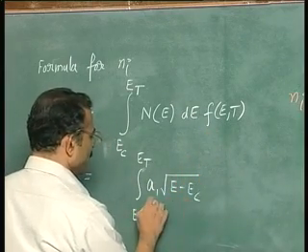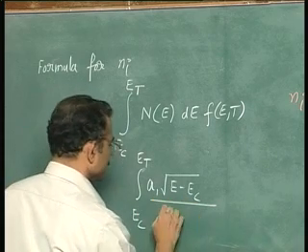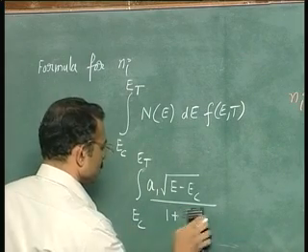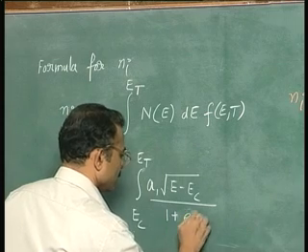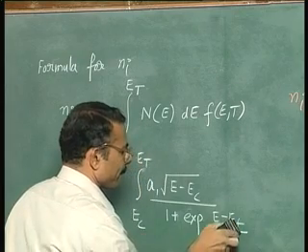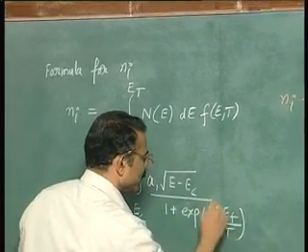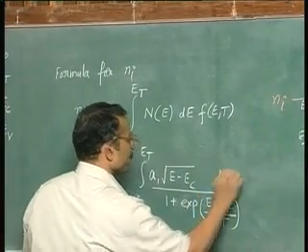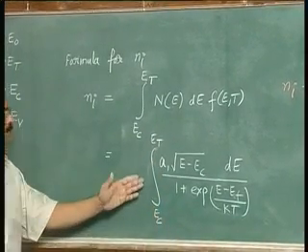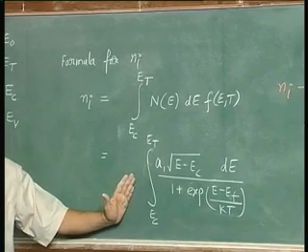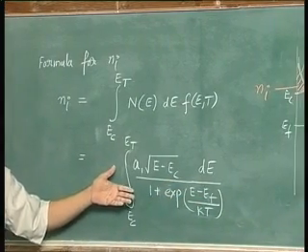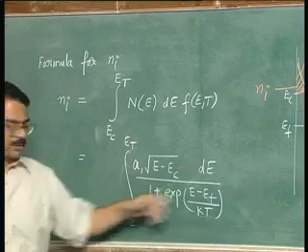F of E is 1 by 1 plus exponential E minus EF by KT, dE. You have to perform this integration. There is no way you can get a simple closed form equation for this general limits EC and ET.